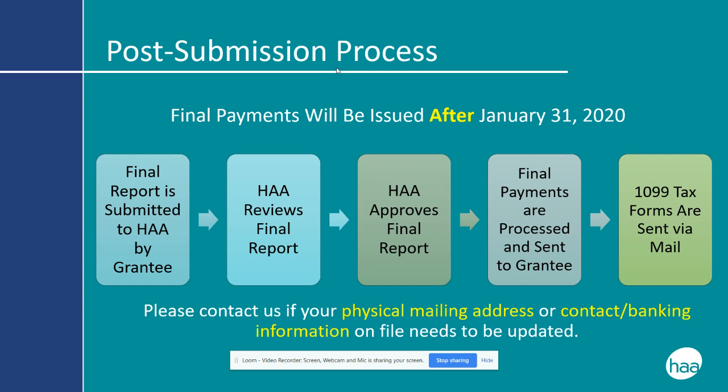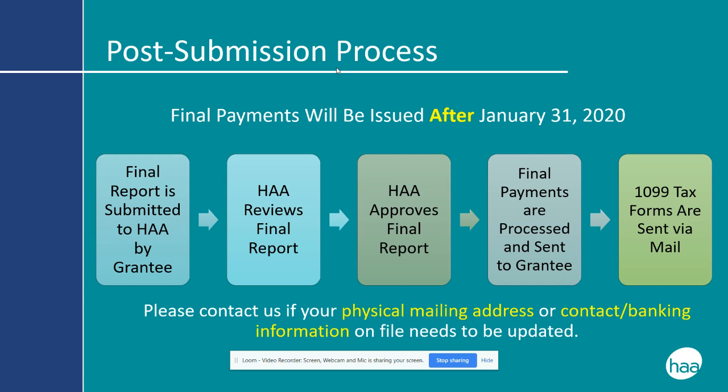And then there is a line at the bottom that I want to read really quick that says, please contact us if your physical mailing address or contact banking information on file needs to be updated. The reason why is because we want to make sure that when we pay people out, we're paying people out to the correct banking information that we have on file.